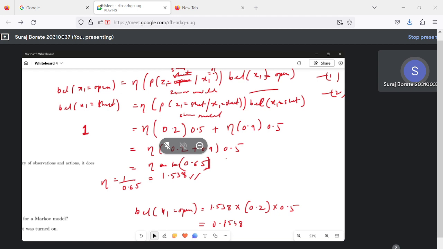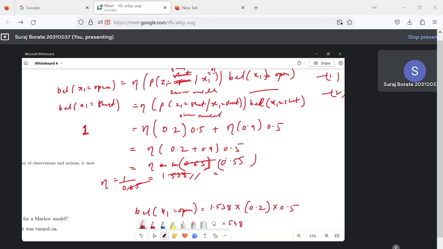So this should be 0.55 because 1.1, yeah, but no, 0.5. So this will be what? Eta will be 1 by 0.55, 1 divided by 0.55. This will be 1.818.